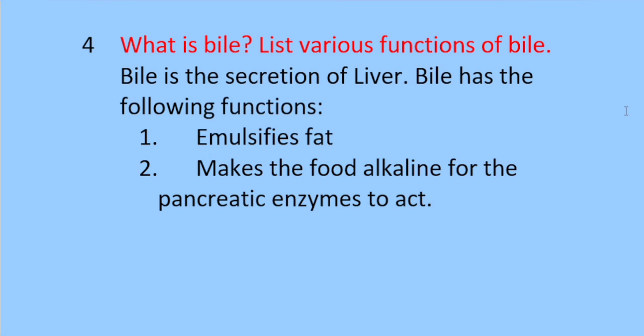Second, it makes the food alkaline for the pancreatic enzymes to act, because when the food comes from the stomach, it is mixed with the hydrochloric acid and it is highly acidic. In this condition, pancreatic enzymes like trypsin and lipase cannot act on them. In order to facilitate the action of enzymes, the bile will convert the acidic food into alkaline medium.